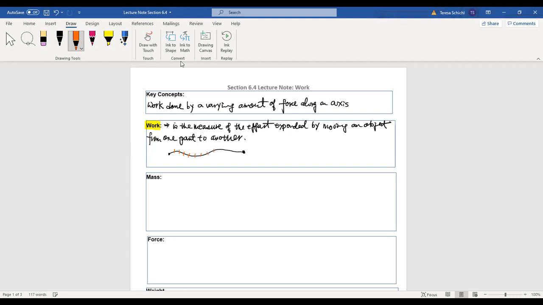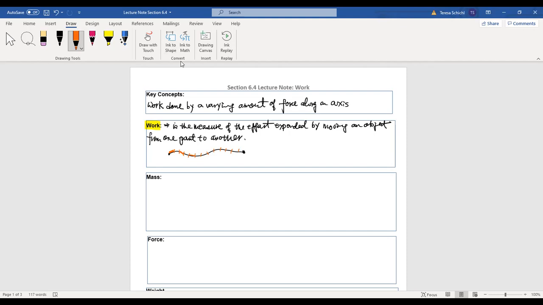The total amount of work done would be the sum of the work done moving from here to here, here to here, and so on. You add all those sub-intervals together, and that will be the total work done moving from this point to here.